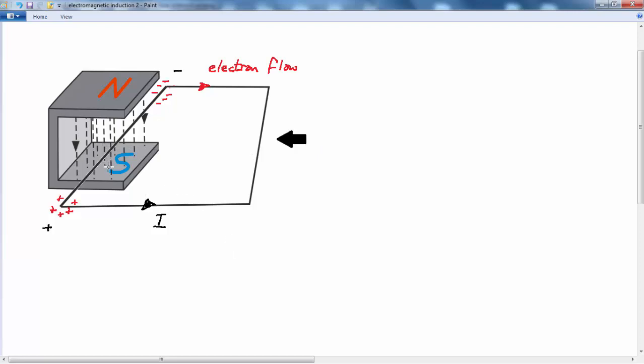If we reverse the direction of the loop, then the electrical potential difference across this section of the loop will change sign. The negative charge will be pushed this way, and the positive charge to this end. So we get negative at this end, positive at this end. We change the sign of the voltage, the EPD, and as a result the electron flow will change direction and the conventional current direction will change.